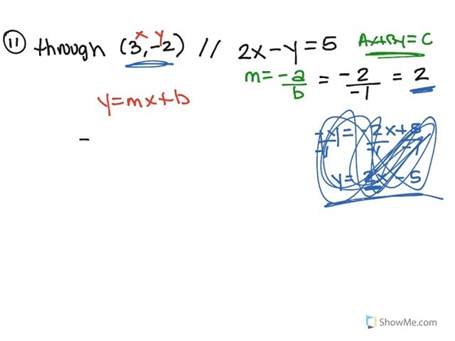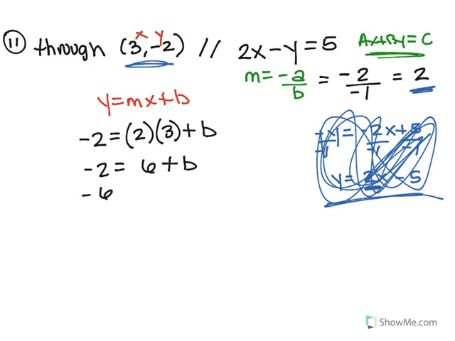So you're going to say -2 equals m, which is 2, and x is 3. So that gives -2 equals 6 plus b. And we subtract 6. So b is -8.